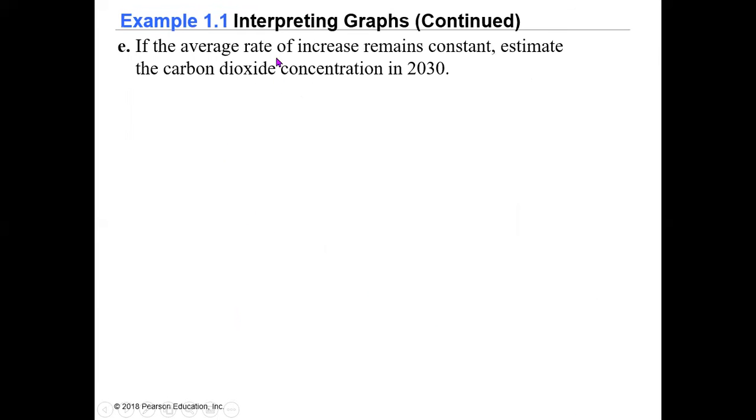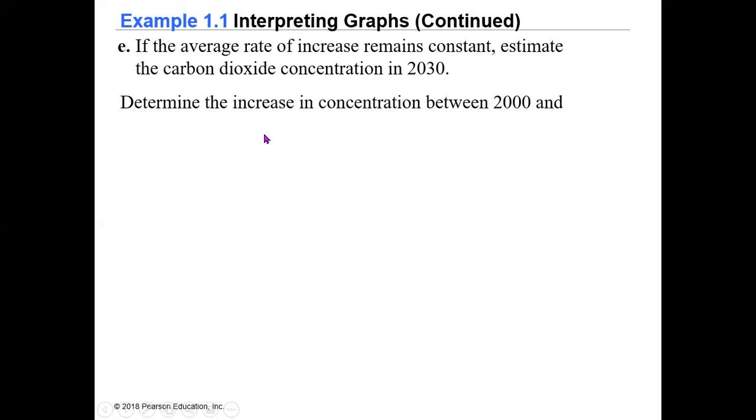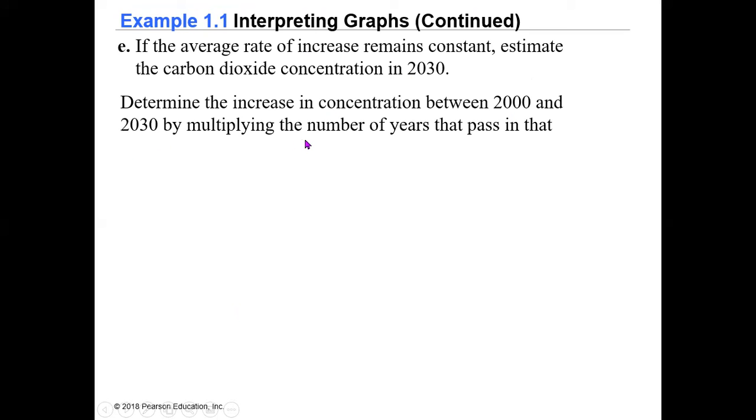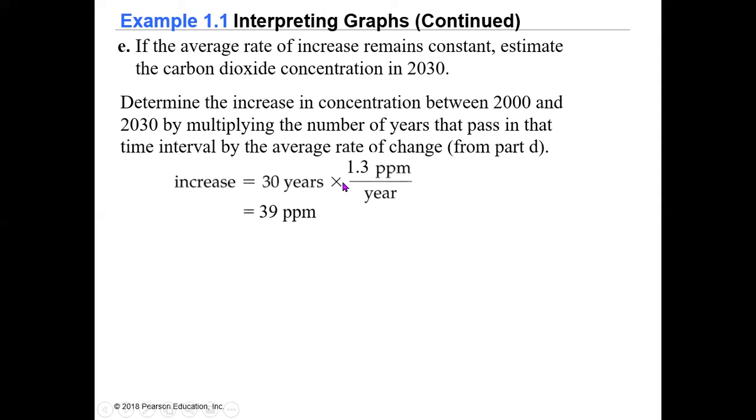E. If the average rate of increase remains constant, estimate the carbon dioxide concentration in 2030. So determine the increase in concentration between 2000 and 2030 by multiplying the number of years that pass in that time interval by the average rate of change from part D. So from part D, we know it will be 1.3 ppm per year.